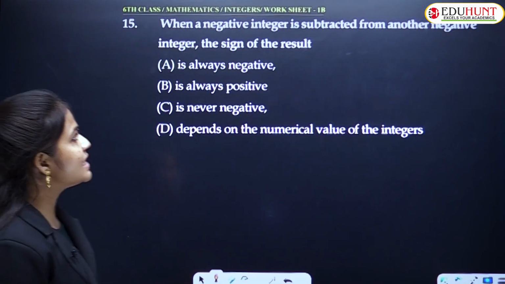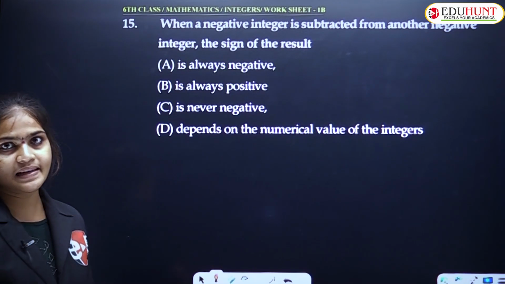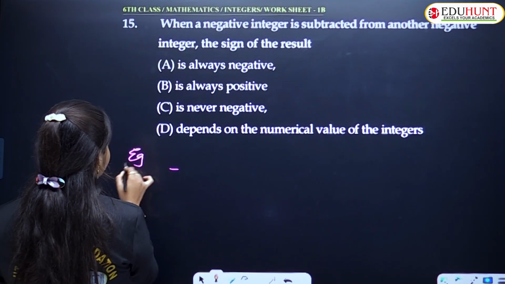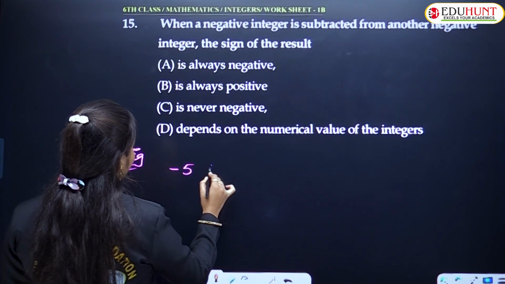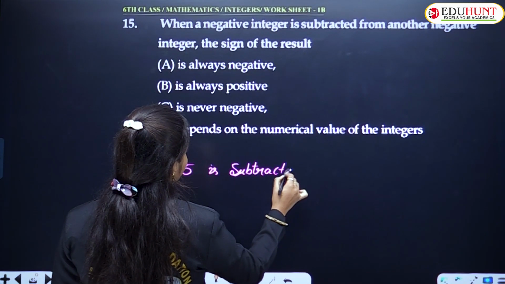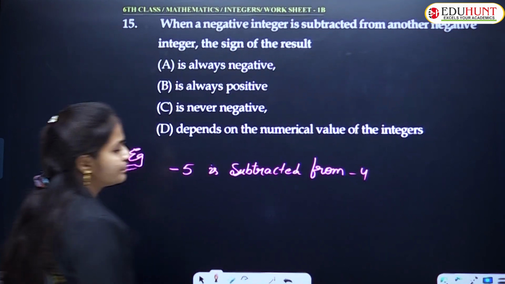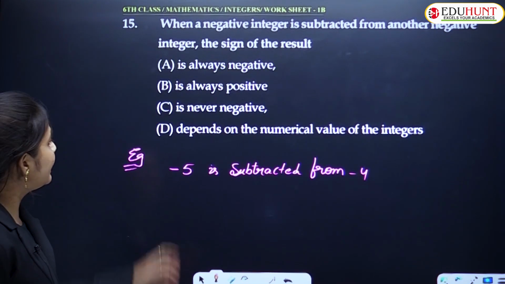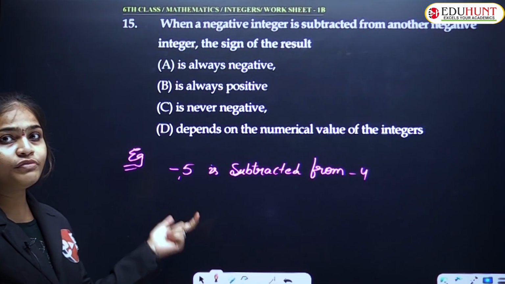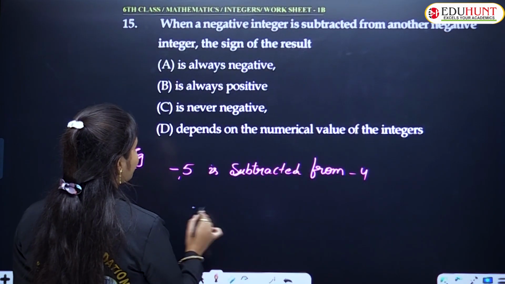When a negative integer is subtracted from another negative integer, the sign of the resultant is always what? For example, minus 5 is subtracted from minus 4.